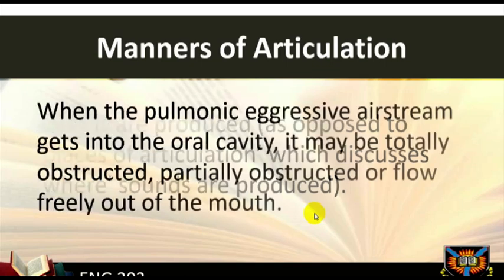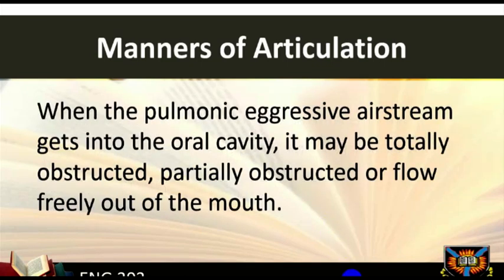Now let us look at how English consonant sounds are produced. This is very relevant and general to other languages too, but our emphasis is on the English language since the course under discussion is English phonetics and phonology. Do you still remember that the pulmonic egressive airstream is the body of air used in the production of English sounds?